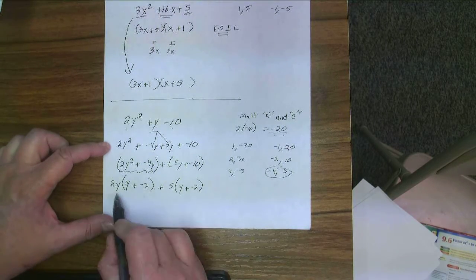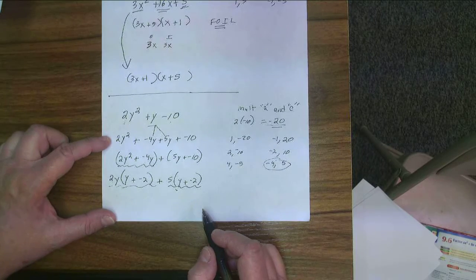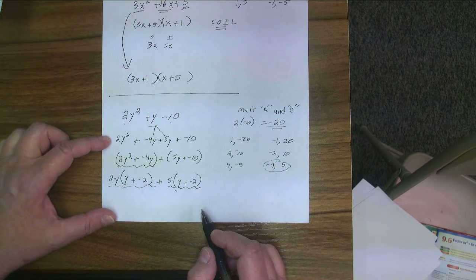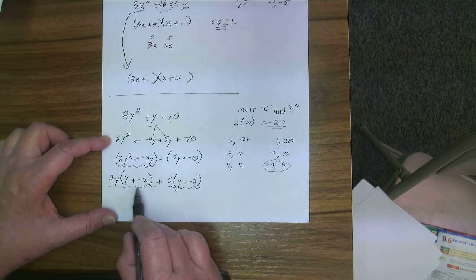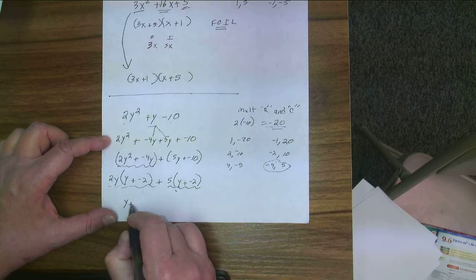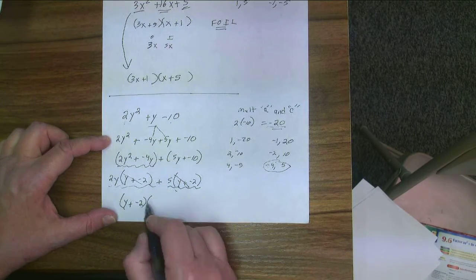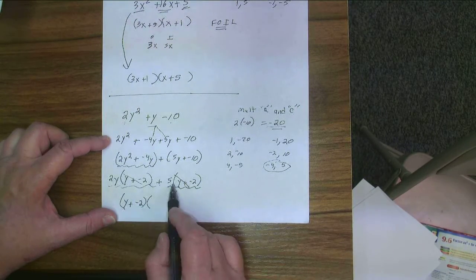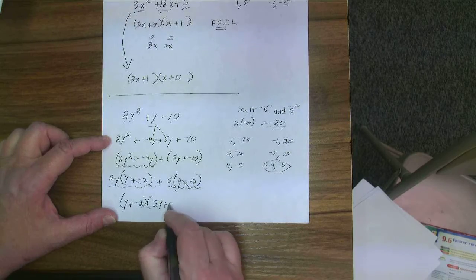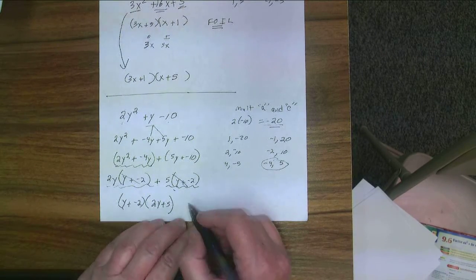Now, if you notice within each pair, you have a common factor that is a binomial, meaning two terms of y plus -2. We factor that out, and we're left with 2y plus 5. That is the way the original problem will factor.